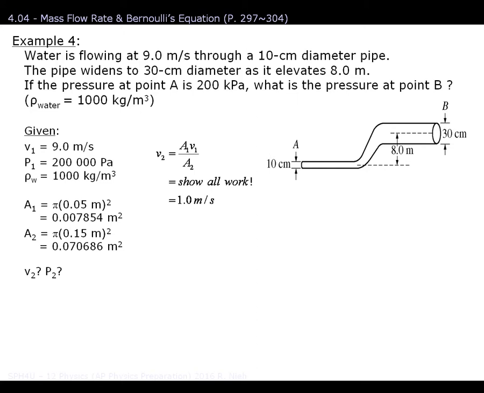And as you can see, the speed of the fluid decreases because of the larger opening at point B. Lastly, we can use Bernoulli's equation. And after you sub everything in, that works out to 162 kilopascals. So as predicted, the pressure may decrease initially, but then it'll increase again because of the larger opening. Of course, the consequence of this setup is that even though the pressure is restored, the speed of the fluid as it exits out of the opening has now decreased.